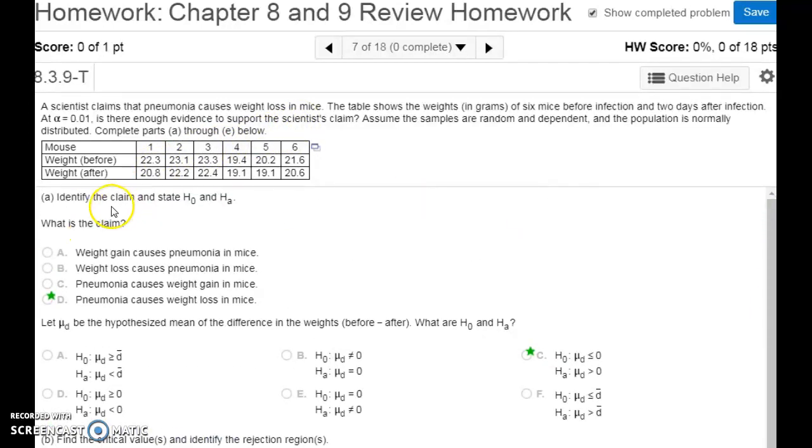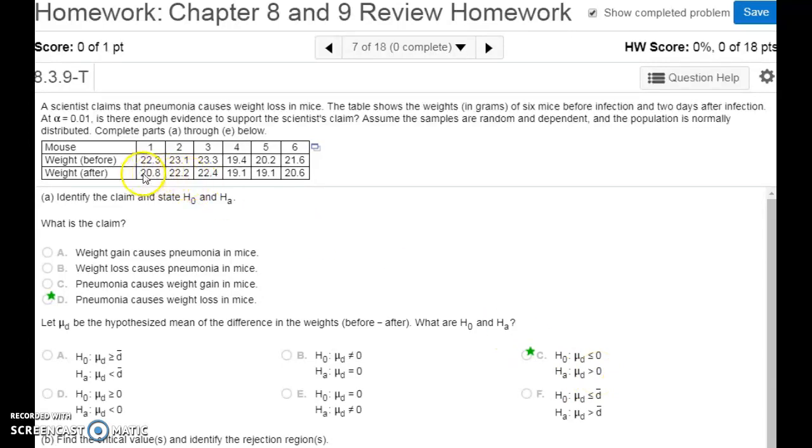All right, so we have to identify our null and our alternative. In this case, our claim really here is that there's weight loss in mice. And so that's going to give us our alternative here that the difference is going to be greater than 0.